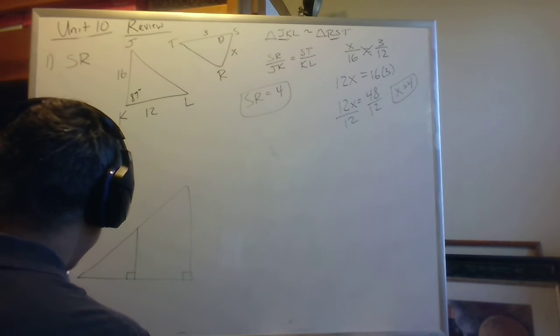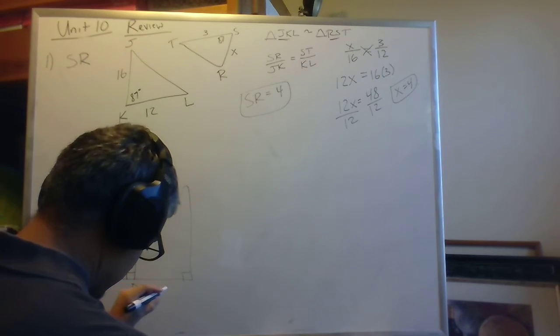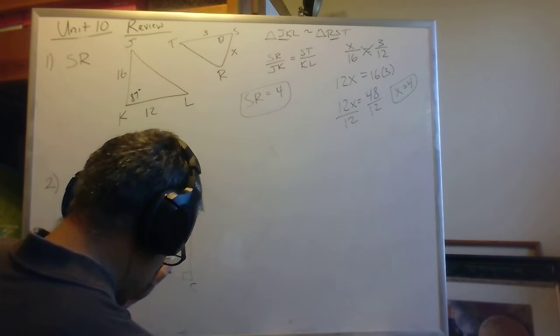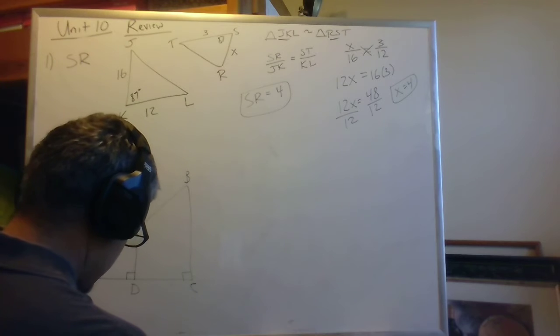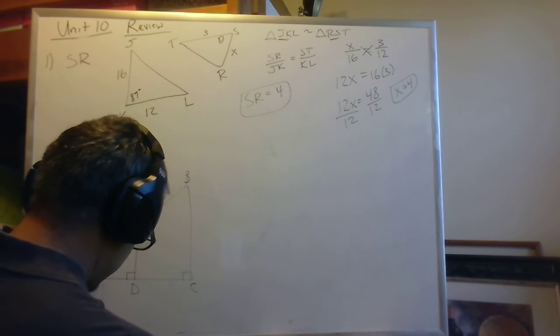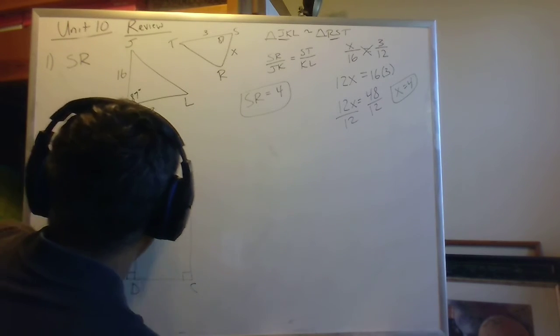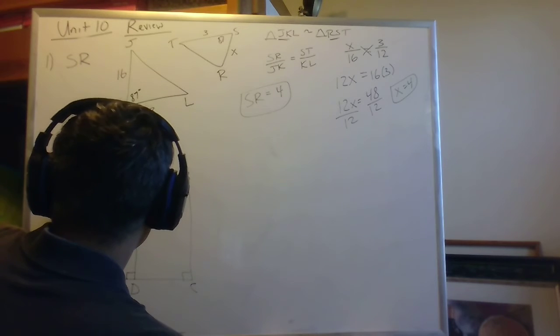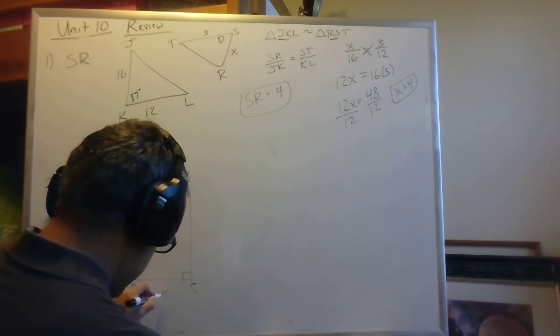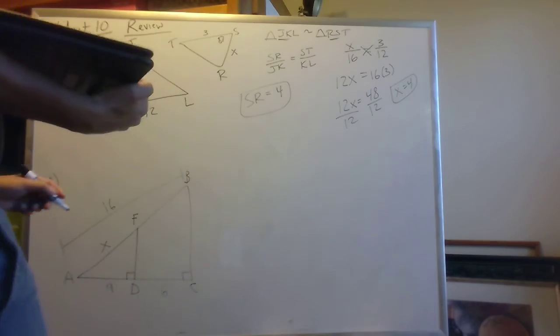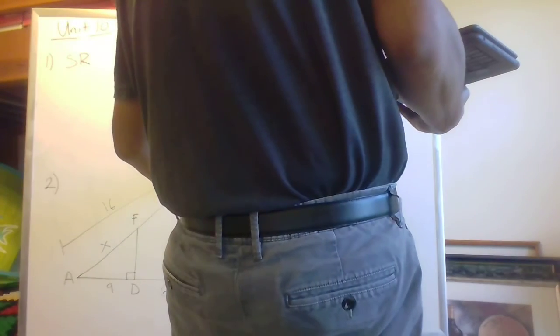And it says A, D, C, B, and F. And AF is X, and we know that the length of AB is 16, and then AD is 9, and DC is 6. And it wants to find AF.